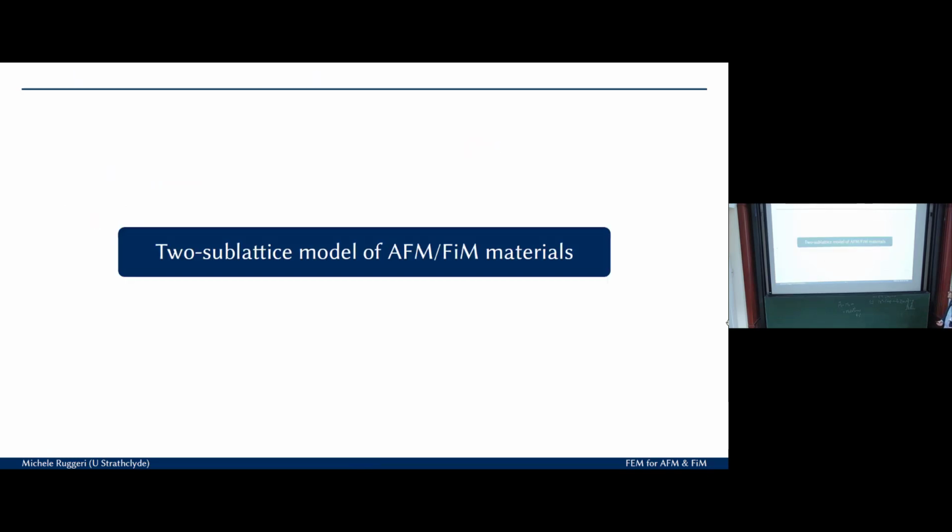As far as I know, there are two main continuum models in the physical literature to describe antiferromagnets. In this talk I will focus on one of them, which I will call a two-sublattice model, for obvious reasons that you will see in the next slide.